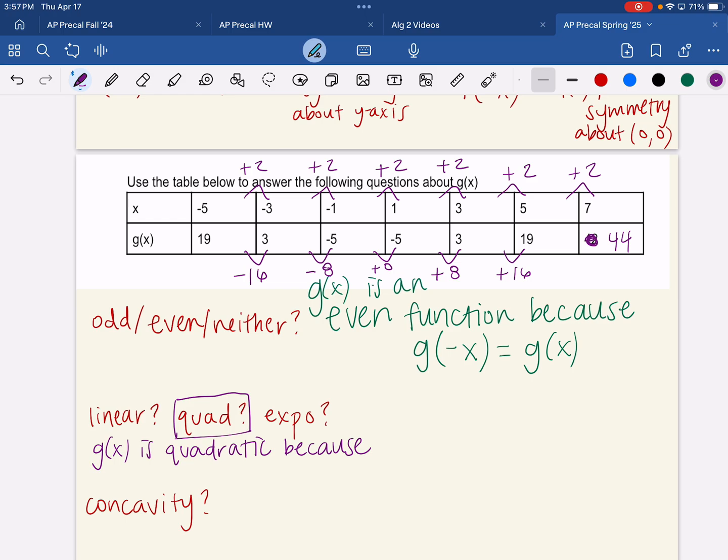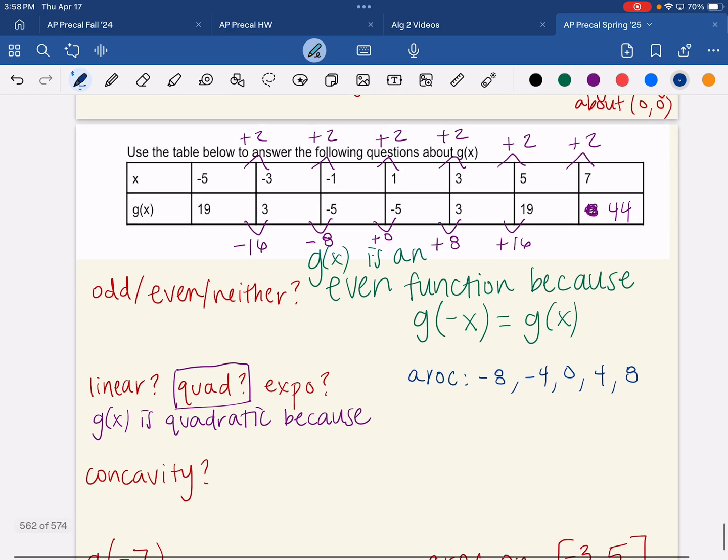It's not a constant rate of change, but what do we notice in the rate of change? If I actually were going to divide them throughout the table, negative 16 divided by 2 is negative 8. Negative 8 divided by 2 is negative 4. 0, 4, 8. Okay, almost done.